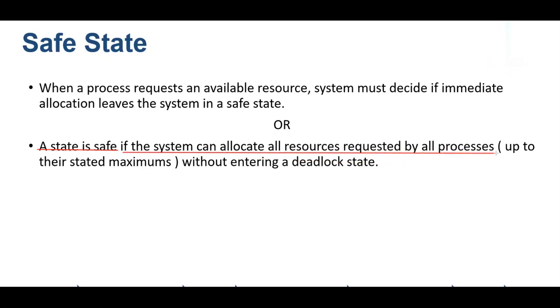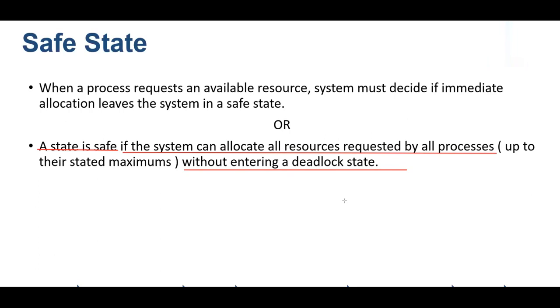You know, in our system there will be multiple resources and multiple processes running. But when the system can allocate resources to those running processes, however much is demanded by the processes, without entering a deadlock state, then we will say that the system is in a safe state.